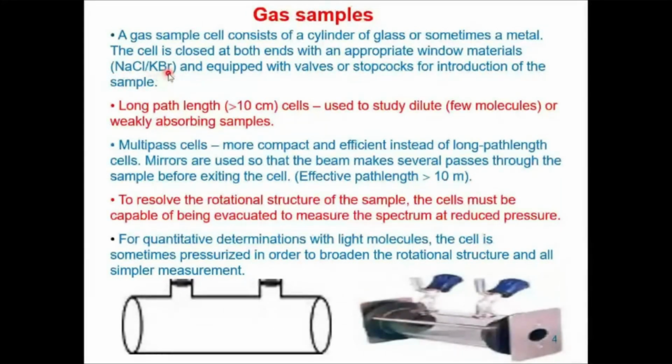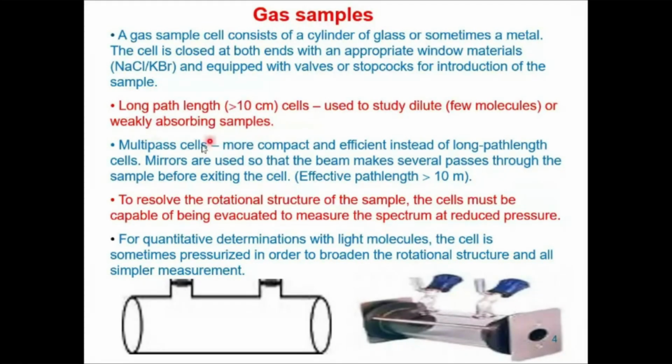Both materials are transparent over the IR region. The cell is equipped with valves, which you can see over here, or stopcocks, for introduction of the sample. The sample is a gas, please remember that. Long path length cells, more than 10 centimeters, are used to study dilute samples. When we say dilute, it means fewer molecules or weakly absorbing samples.